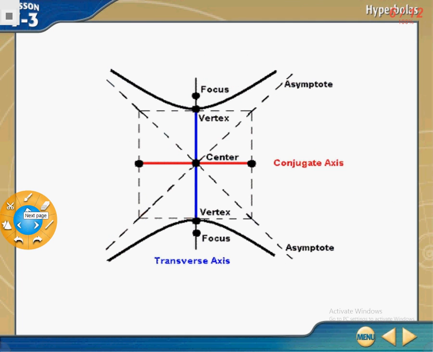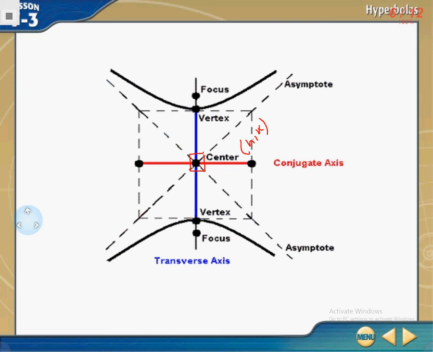Let's start now to identify the characteristics of the hyperbolas. The first one is the center. It's the point here in the middle. This is the center. We will take later, when we take the formulas, that the center is h, k. We will take it later.